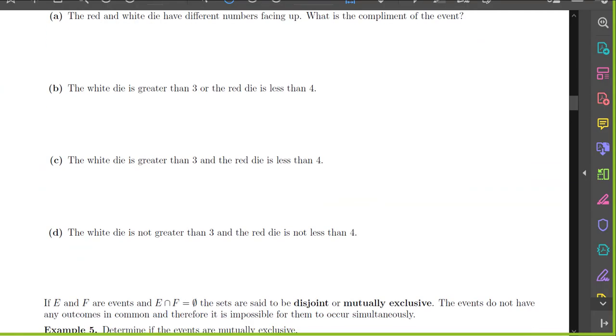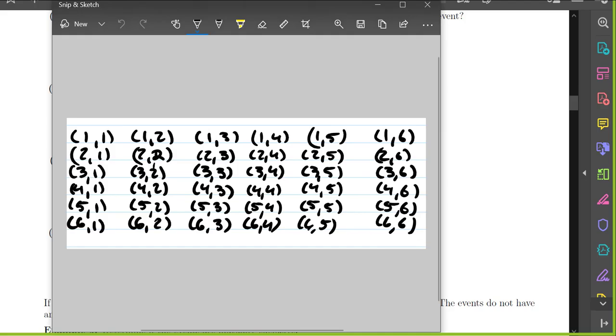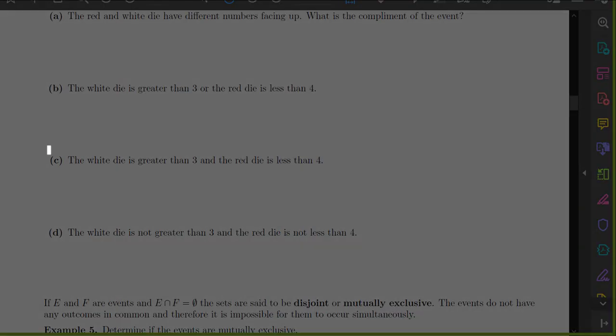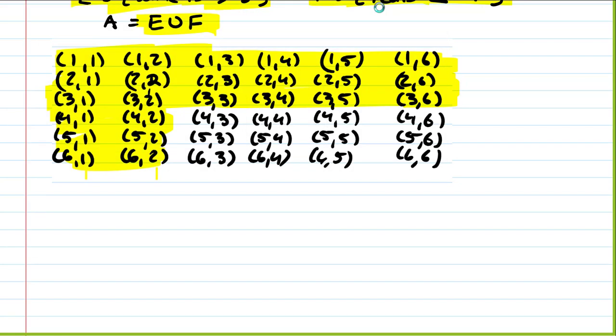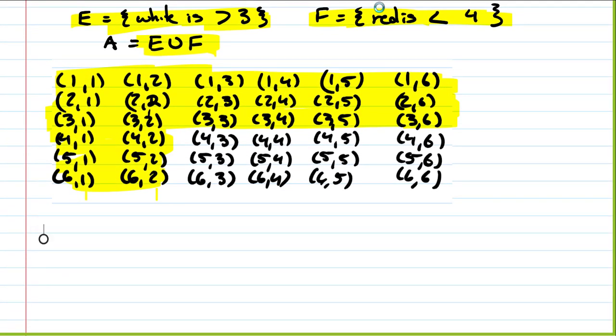So our next example is very, very similar to the one we just did. In fact, what is the only difference between B and C?